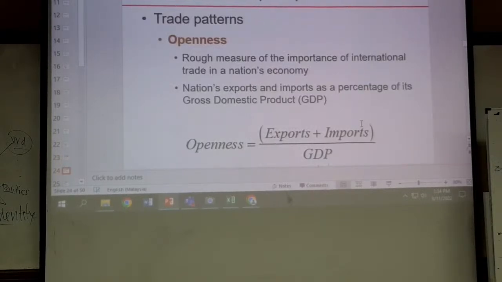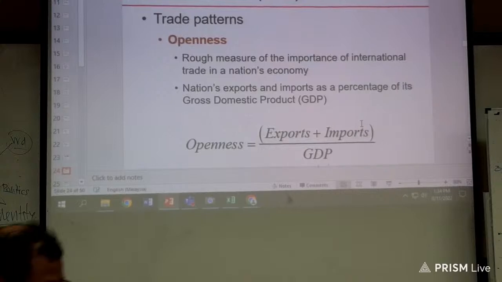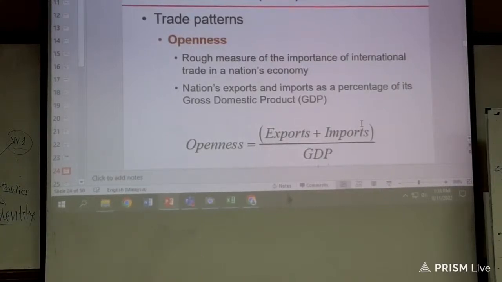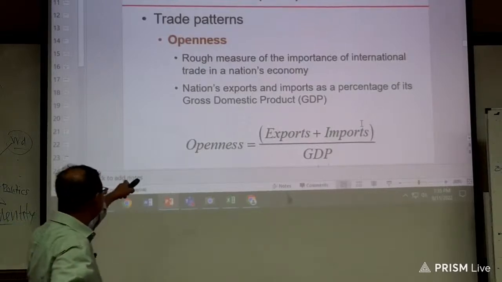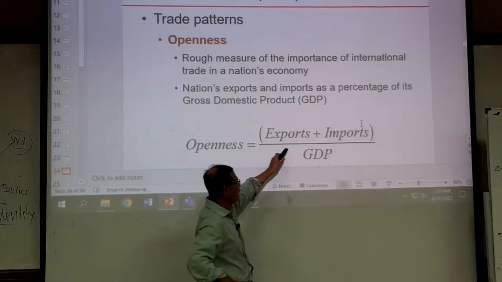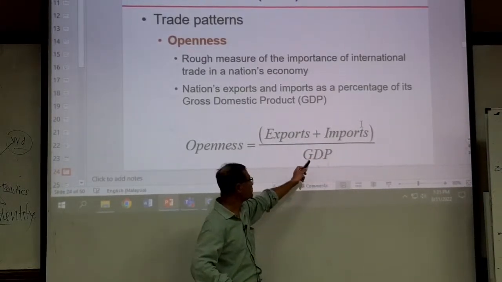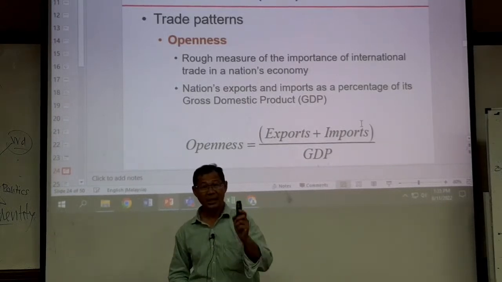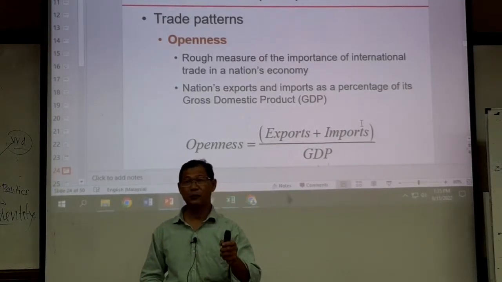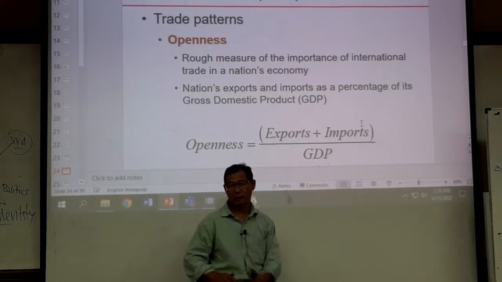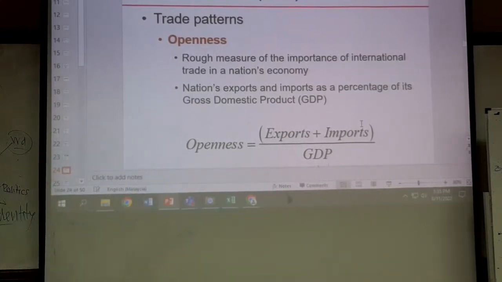So trade patterns. What we are interested in is openness, a rough measure of the importance of international trade in a nation's economy. How do we measure it? Export and import, this is total trade divided by GDP. Malaysia started with 57% only.